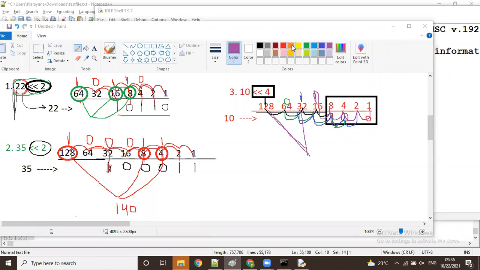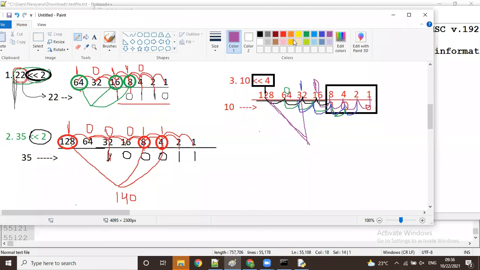So everybody's clear, right? This is the left shift, guys. The reverse is the right shift. Left shift means we keep increasing the values. Suppose here 4 is there, I take the next 4 values.